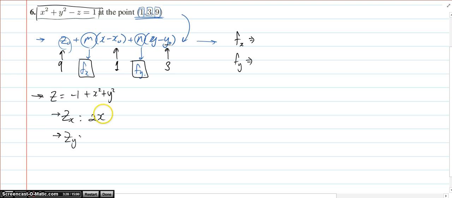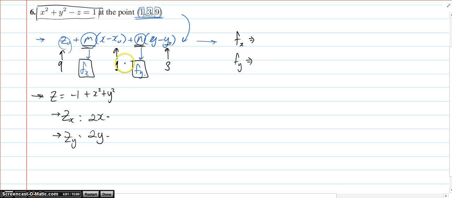And zy is the opposite. X is now constant, so -1 and x squared will both be 0 because they're constant, so it only leaves y squared, and the derivative of y squared becomes 2y. So these are the equations for zx and zy, and what we want for m and n here is an actual numeric value.